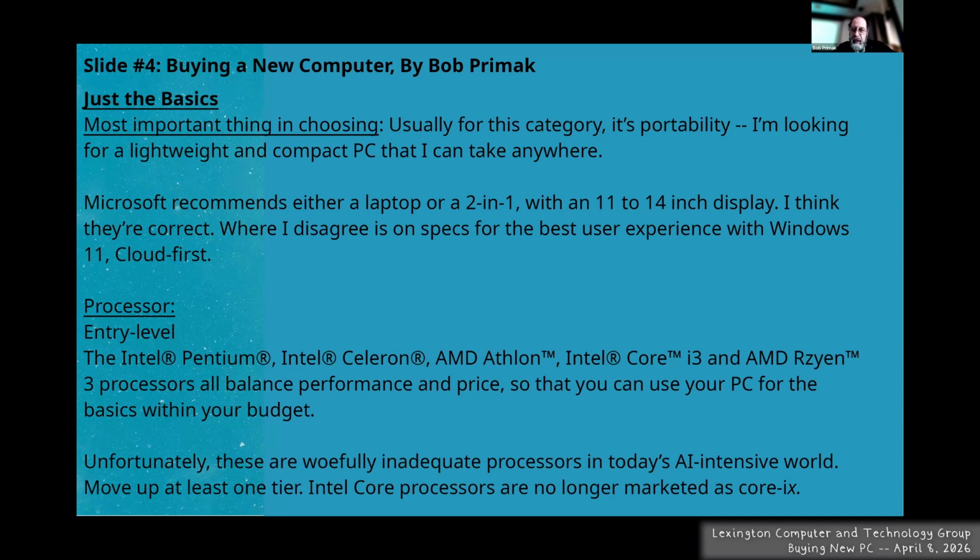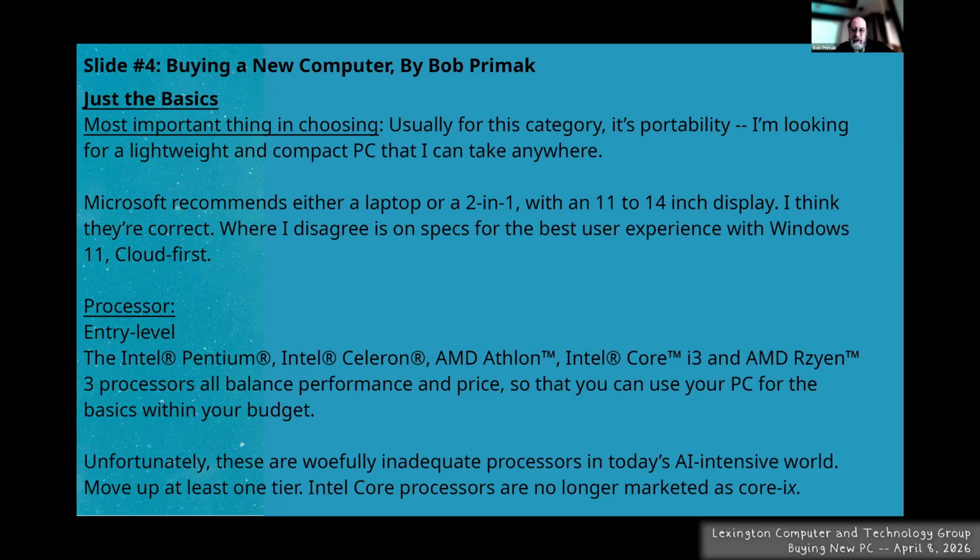Intel Core i3. Well, there is no i in Intel Core processors any longer. And I would recommend the Core 5 probably on upward, not a Core Ultra or any of these other fancy ones. AMD Ryzen, not 3, not even most of the 5s. They don't work with Windows 11.